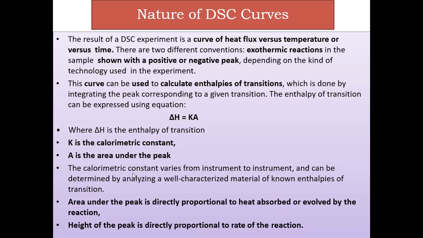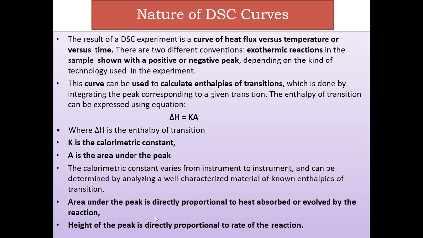The calorimetric constant varies from instrument to instrument. It is a constant related to the instrument, so that is a fixed one. It depends on the model of your DSC, and can be determined by analyzing a well characterized material of known enthalpy of transition; that enthalpy can be used as a calorimetric constant.